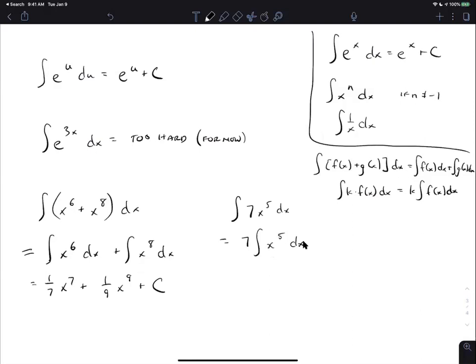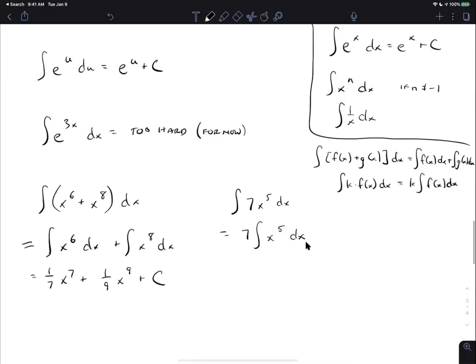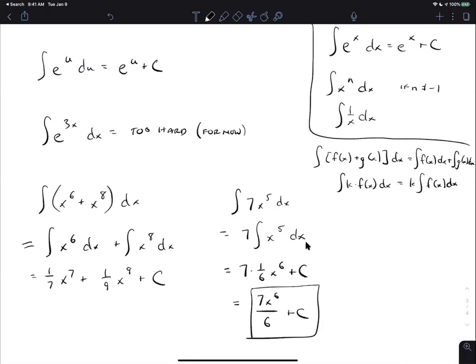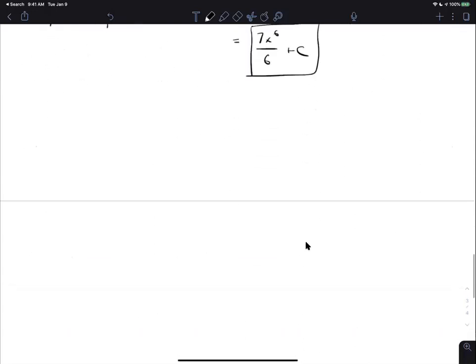So you've got x to the n dx. Does that make sense? So now we've got 7 times 1 over 6 x to the 6th plus c, and that simplifies to 7x to the 6th over 6 plus c, and that's the answer. Any questions? All right, let's review a couple tougher things.